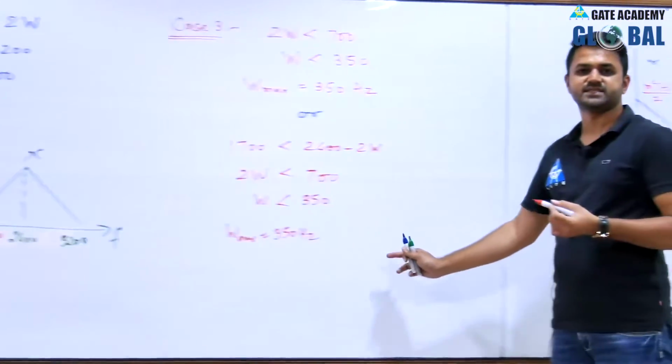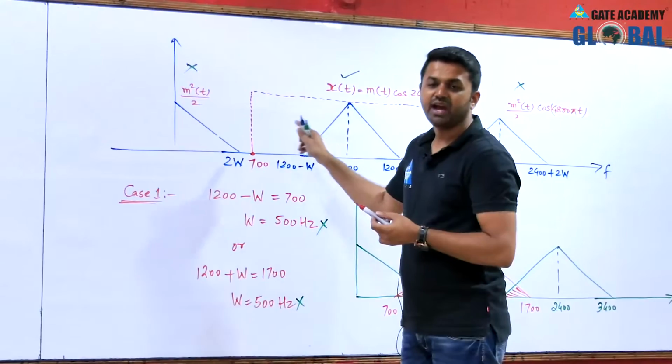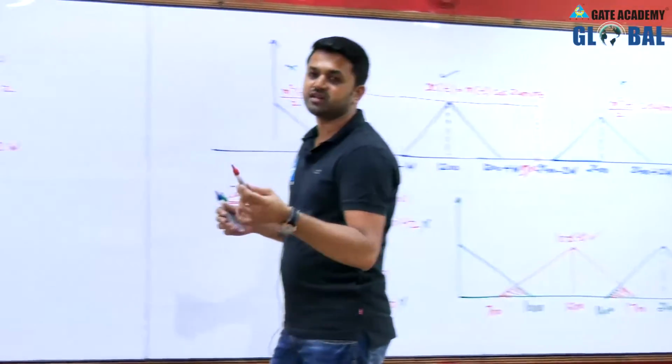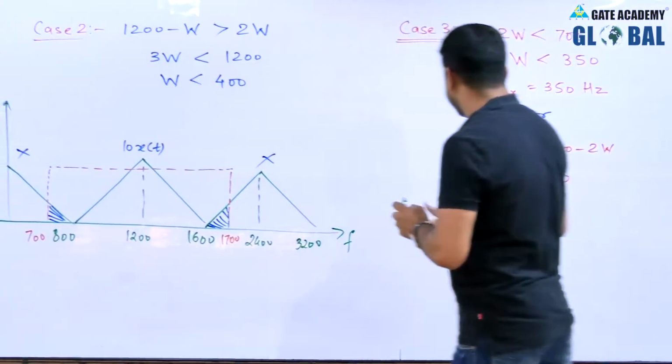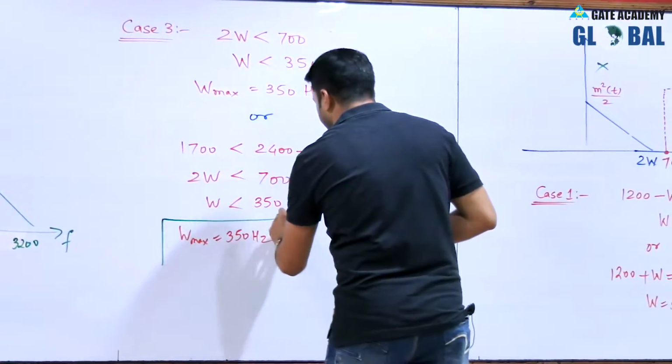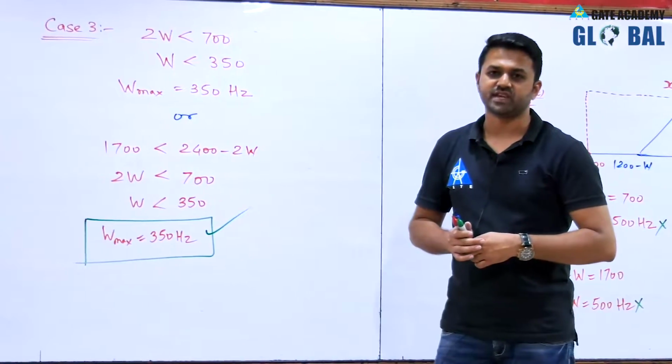So this is the case when there is no overlapping between these two spectrums and also no extra term is present at the output of the band pass filter. Hence we can say that our final answer, the maximum value of W, is 350 Hertz.